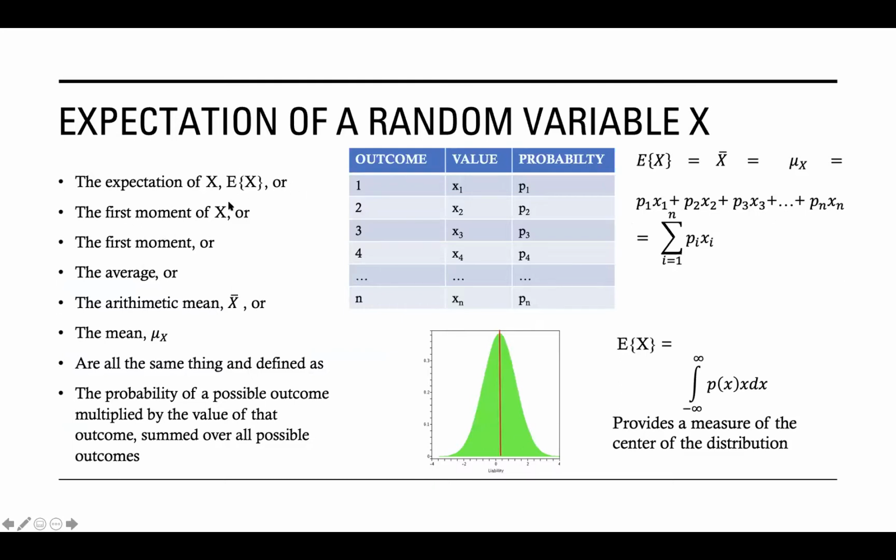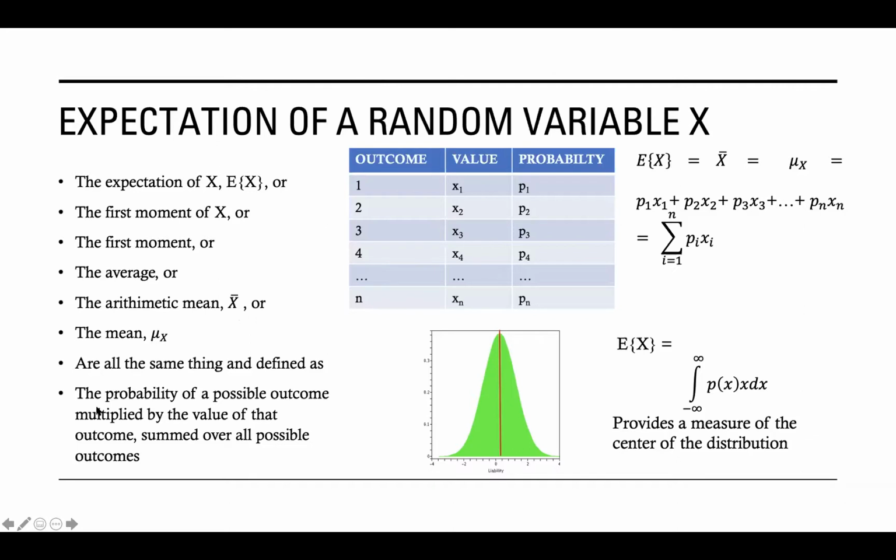We might call it the first moment of x, or just the first moment, or the average, or the arithmetic mean of x, which we even write often with a little bar over x, or just the mean, which sometimes we'll write with a mu, and maybe put a little x there to mean x's mean. All of those are the same thing, the expectation of the random variable x.